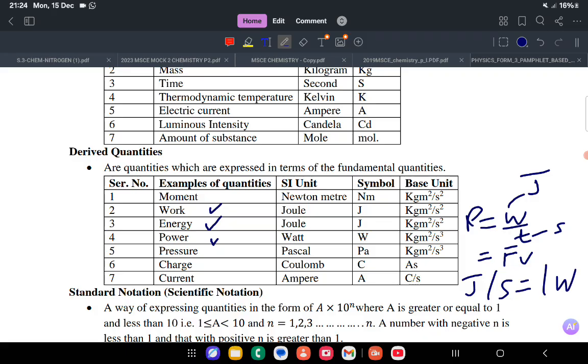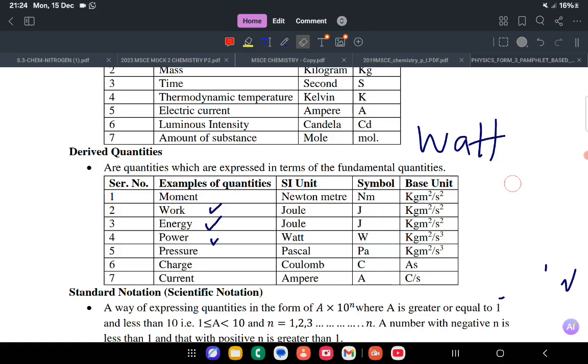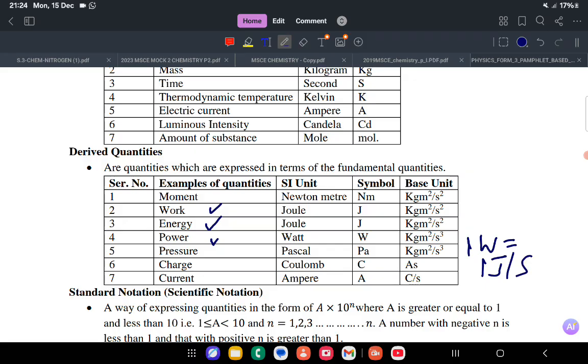The watt can also be presented in terms of base units. So 1 watt is the same as 1 joule per second, which is the same as 1 kilogram meter squared per second cubed.